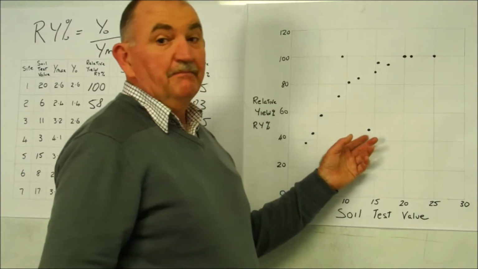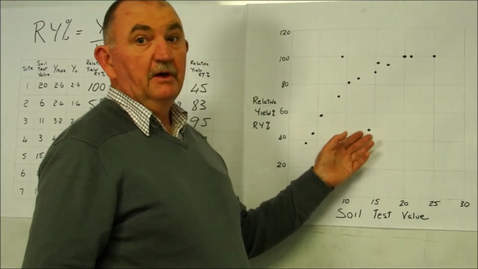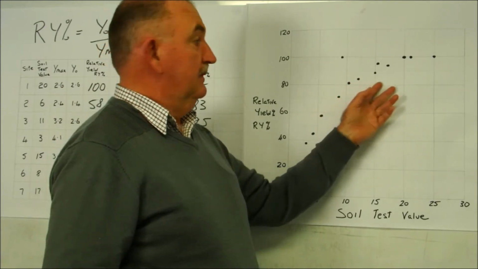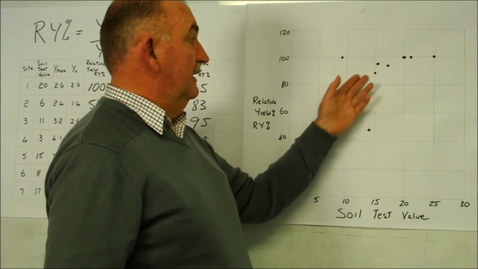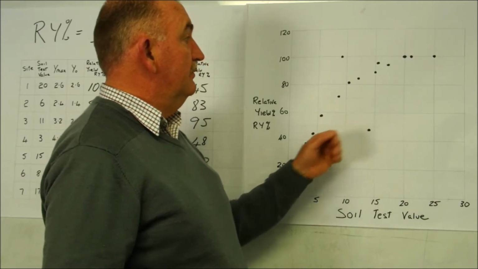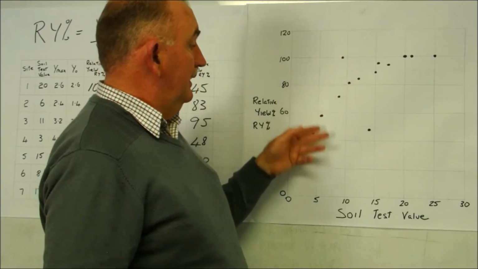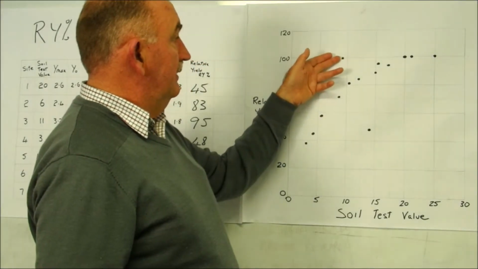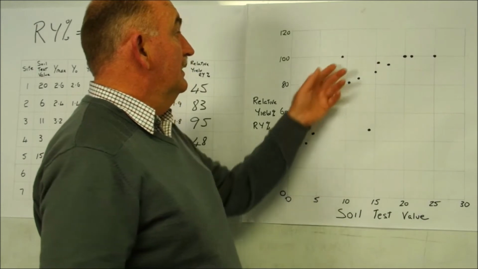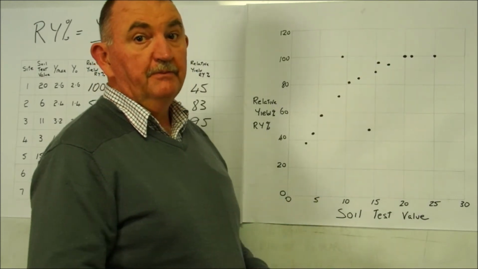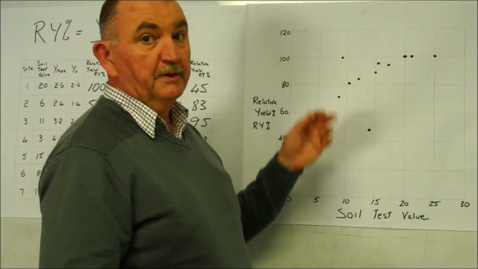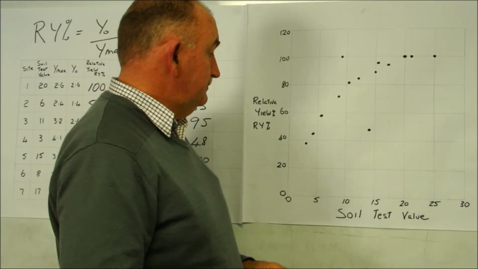Well, maybe that was a very high PBI site, and 14 just didn't fit in with this calibration curve compared to the other PBIs. Could be a very high PBI site that needs a much higher critical value. This one here got 100% yield at a very low level, so it could be the opposite. It could be a very low PBI site, or there might have been other stresses on the crop that prevented the crop from reaching its full potential, one or the other.